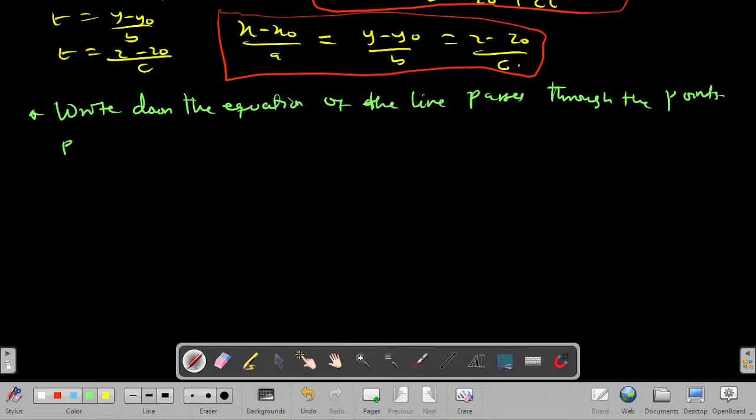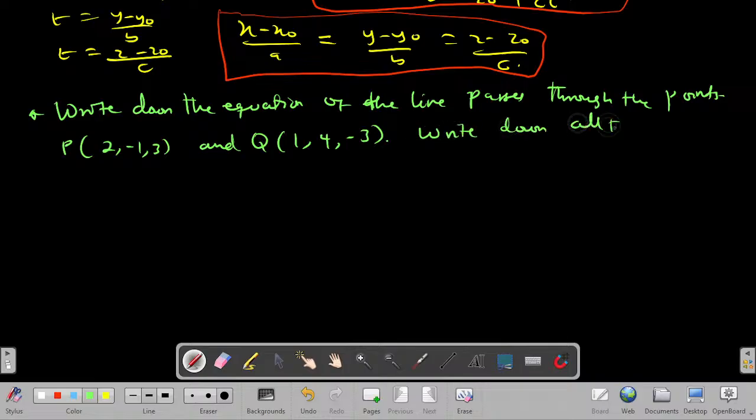I have point P equal to 2, negative 1, 3, and point Q given as 1, 4, negative 3. Write down all the three forms of the equation of a line.